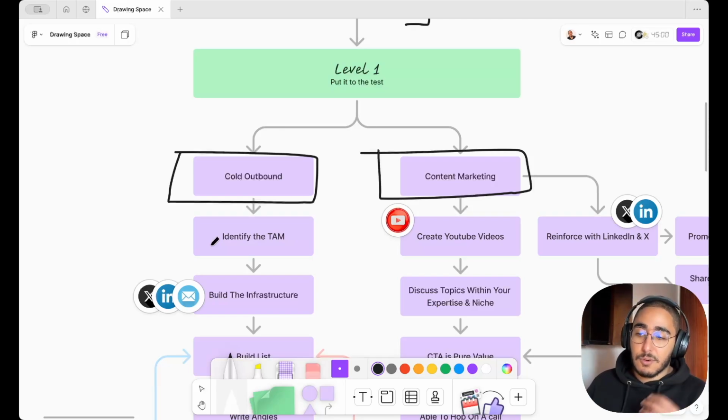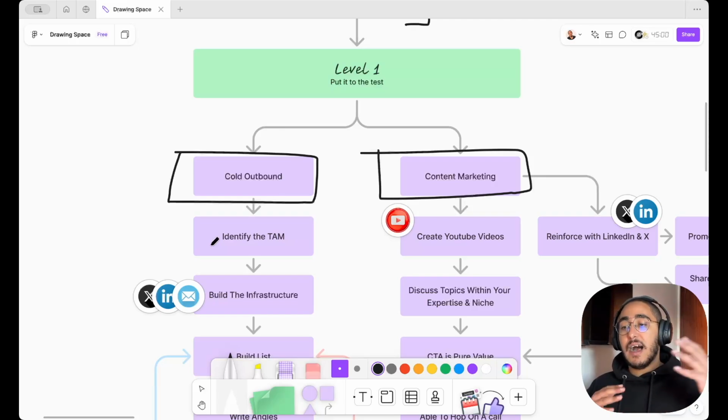But if your total addressable market is less than 10,000 leads, then you might need to think more rigorously about your cold outbound. You need to think about every lead as one high quality lead, and really think about how you can make the message super personalized to them, super relevant to their specific situation.